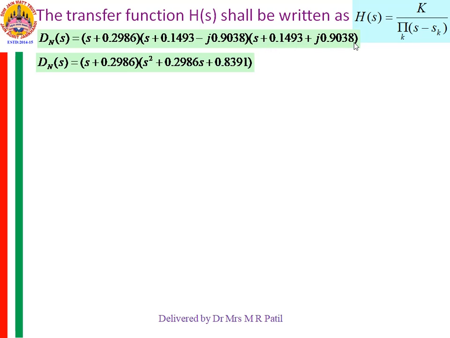Combining these conjugate pairs, S square plus 0.2986 S plus the square of these two values, which is plus 0.8391. So here this is 2 into the real part, 0.1493 into 2, so you will get 0.2986.